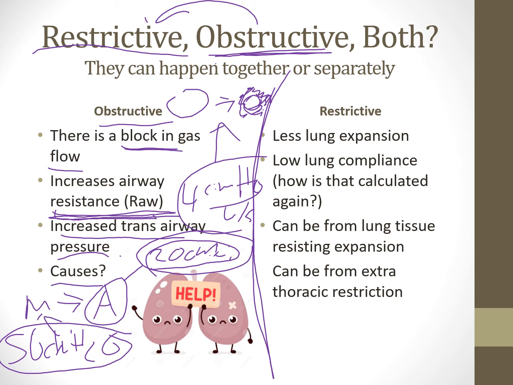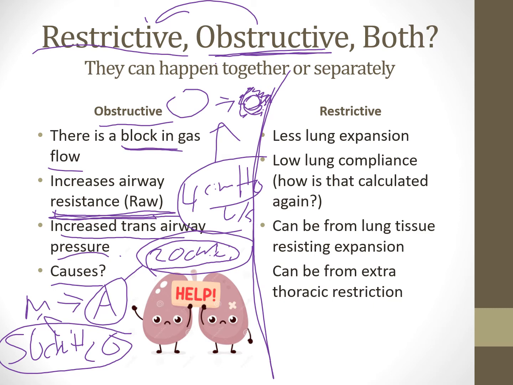Could be, like I said, a thoracic cage issue, like a pectus excavatum, where there's that dent in on the chest wall. There's something that's restricting the movement of the lungs. So that could be a pneumothorax, would be a restrictive, right? Because it's pushing in on the lung tissue. So whatever it is, it's causing the lung not to expand. So it could be something externally, or it could be the tissue, right?